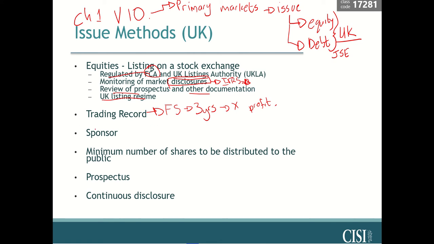And that's a very important thing, sponsor, right? And a sponsor is something like an investment bank, a stockbroker, or a law firm, and they will guide the entire process. Another word for a stockbroker is the underwriter.